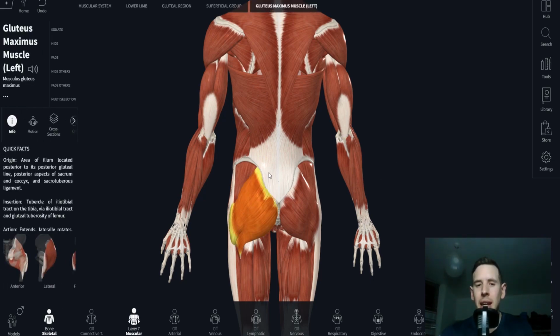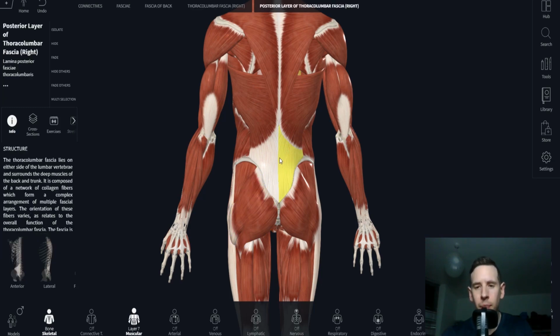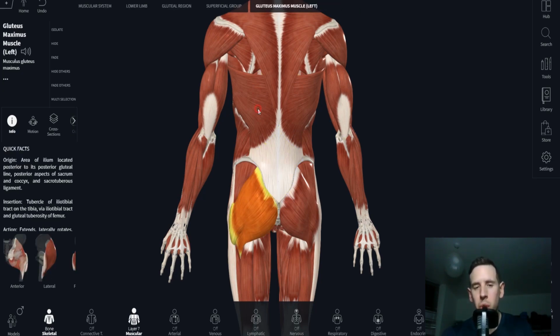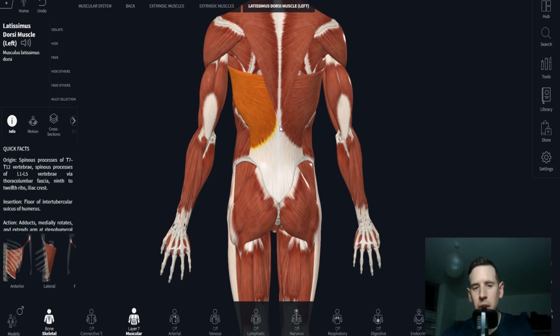Why? Because they actually have a fascial connection, fascia just being a type of connective tissue, up into the thoracolumbar fascia here, which you could think of as an internal weightlifting belt, which has links through the glutes and also through the lats as well. Lats, as you can see, directly feed into the thoracolumbar fascia and that posterior support.